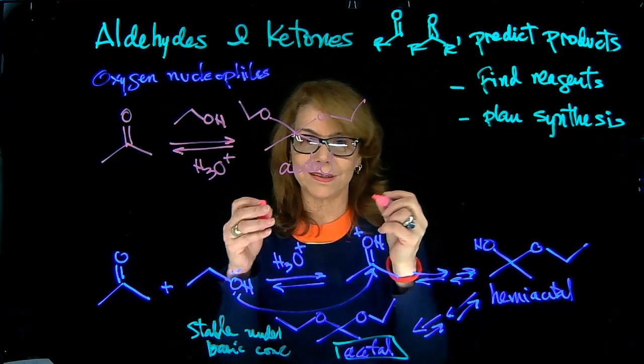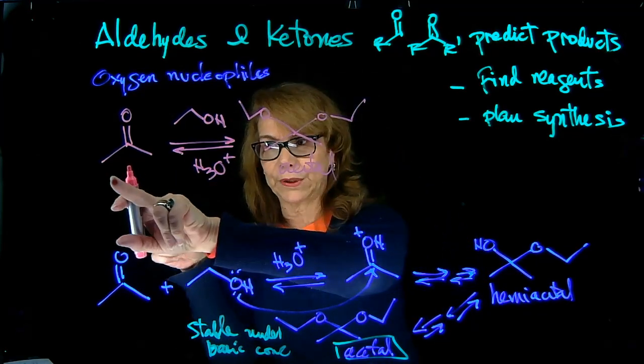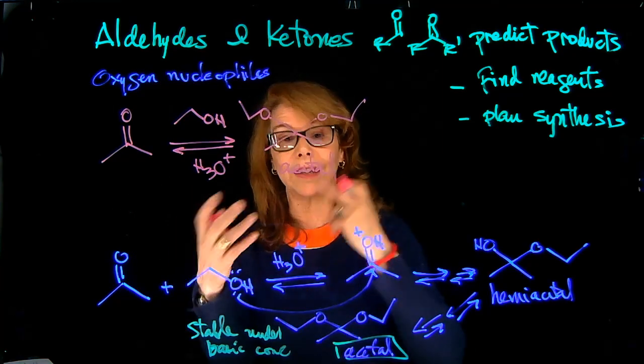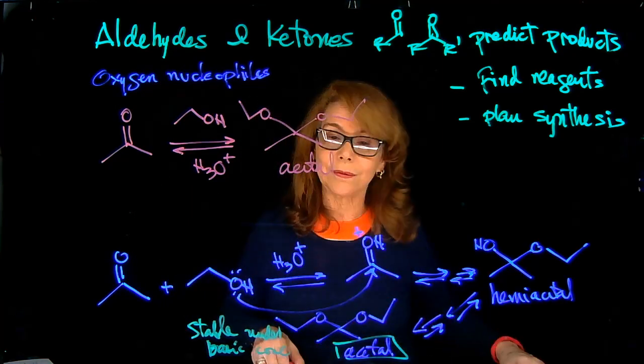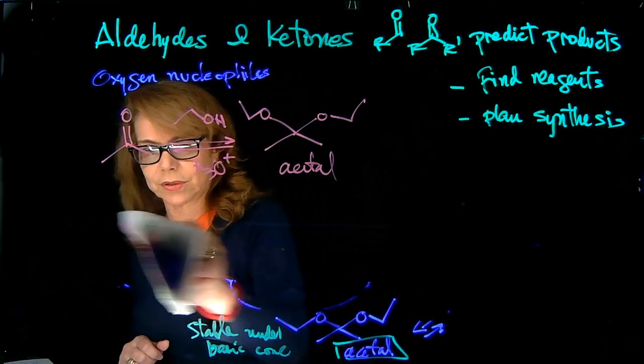We use that in synthesis a lot because we can protect carbonyl compounds, run reactions under basic conditions, and then remove the protection. That's more often used with cyclic acetals.